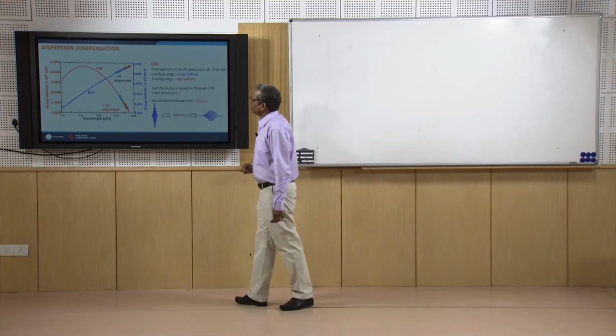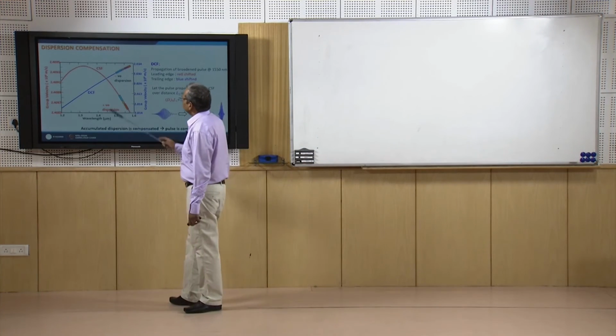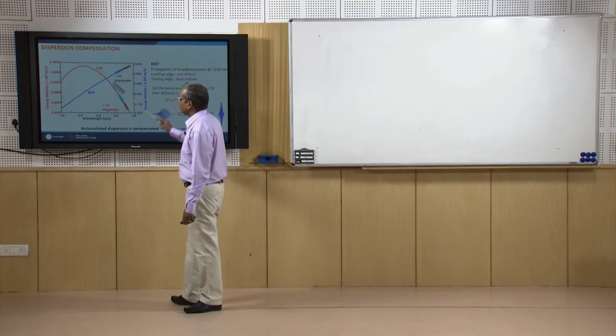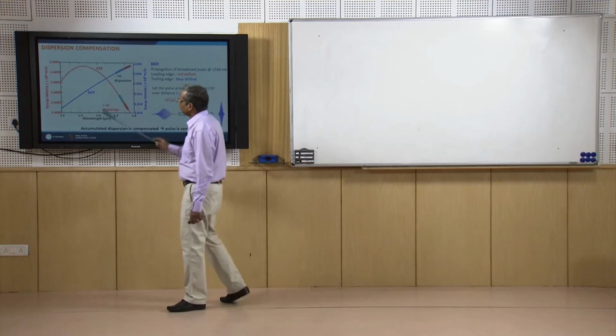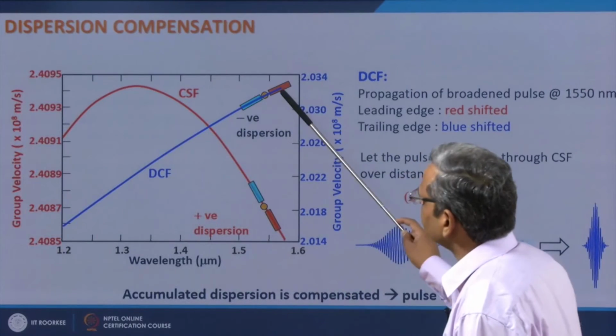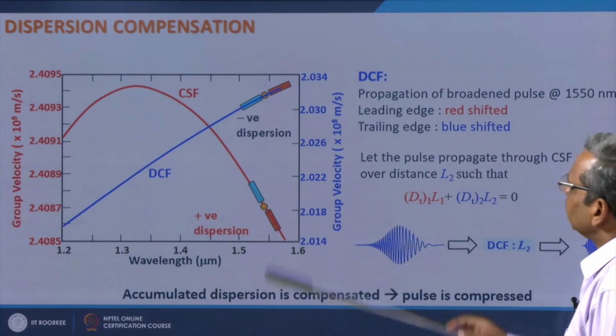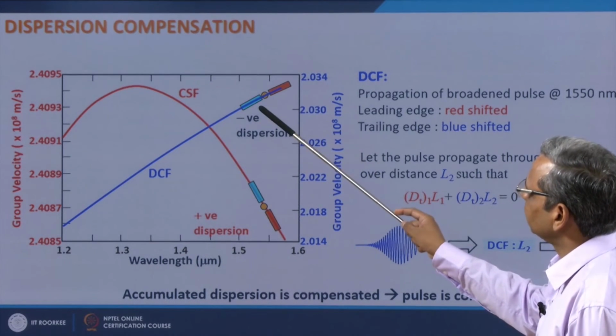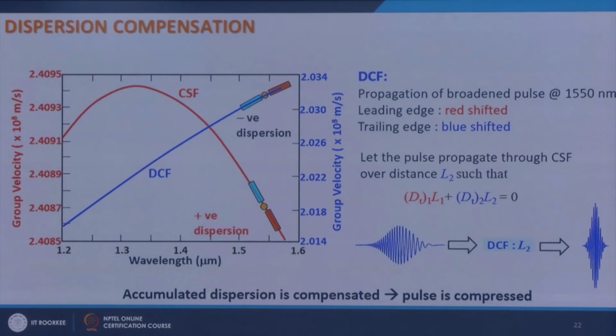If I now change the design of my fiber in such a way that its group velocity dispersion curve looks like this, then here I see the longer wavelength components travel faster and shorter wavelength components travel slower. Then the leading edge of the pulse gets red shifted while the trailing edge gets blue shifted.